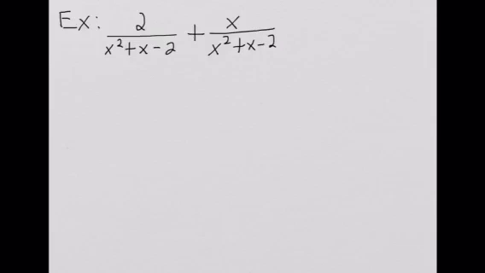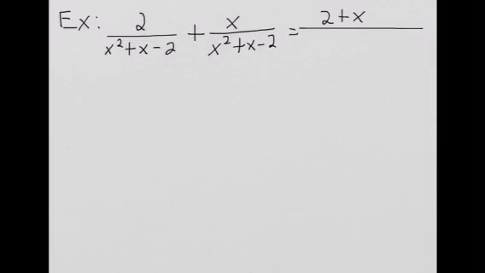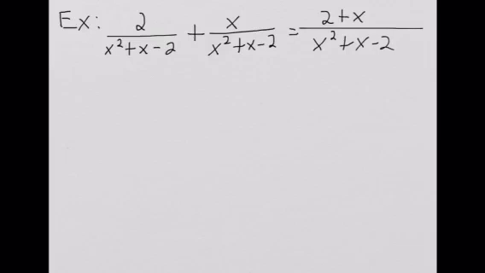Alright, so again, if you notice, the denominators are the same, so they're going to be the same in my answer. So I'm going to just combine the tops. I can't add them together because they're unlike terms, but we can just write it as 2 plus x using that same denominator, x squared plus x minus 2. Now we want to see if we can simplify it any more, and I think we can. I think the bottom factors.